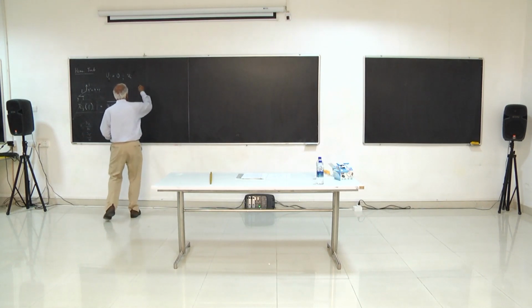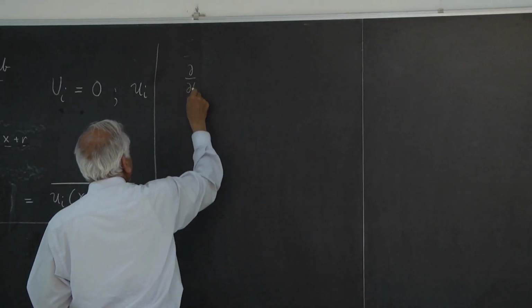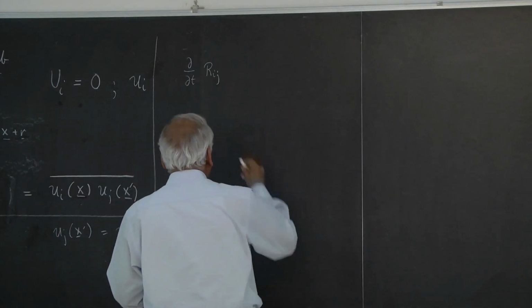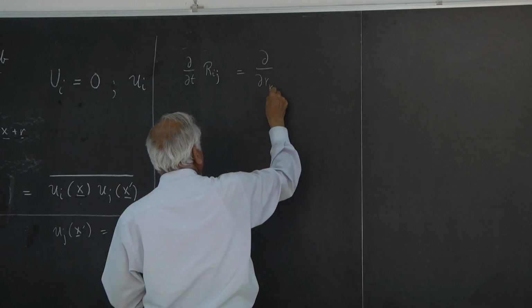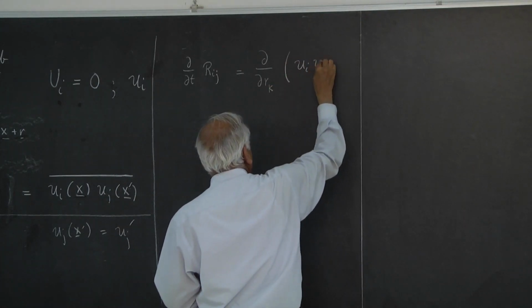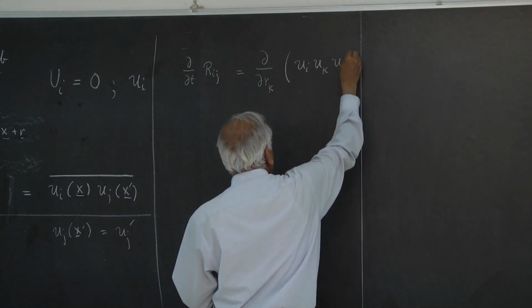So the final equation is d by dt of Rij equals d by drk of ui uk uj prime.